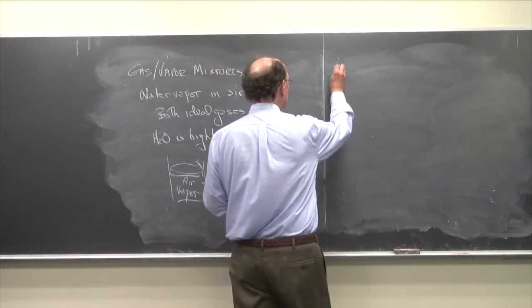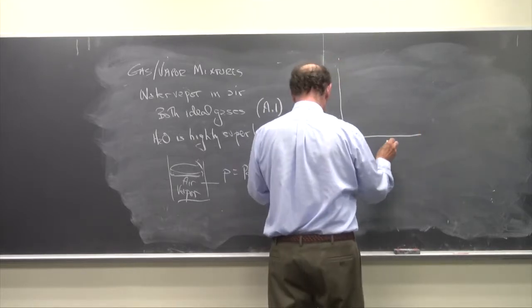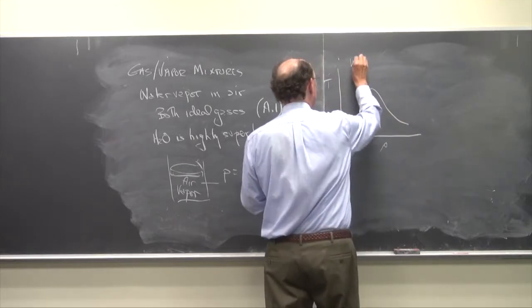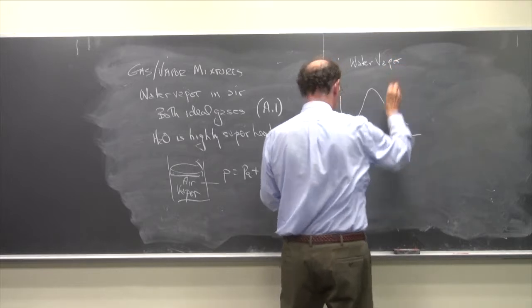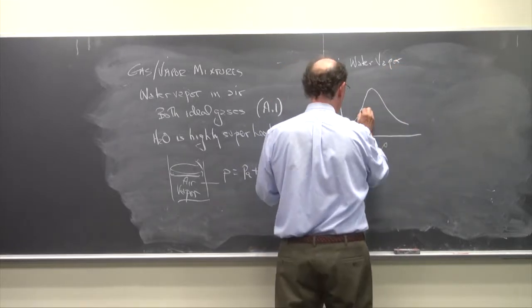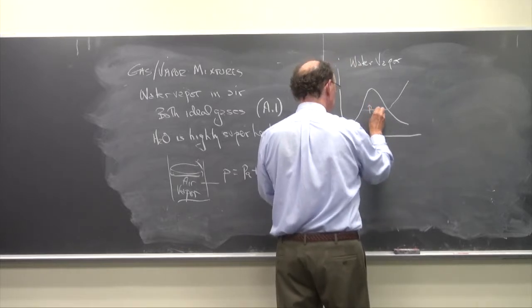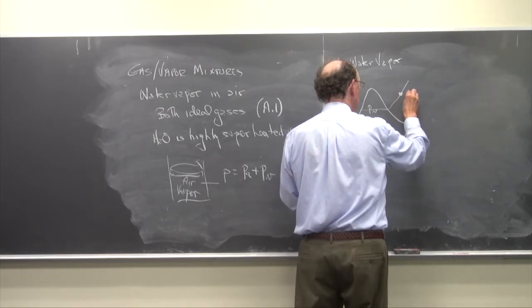So if I look at a TS diagram, I'm looking at the water vapor now. And here's the partial pressure of the water vapor, and I'm at some state 1.